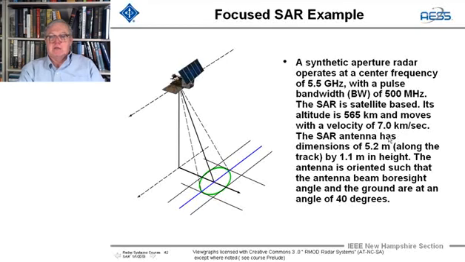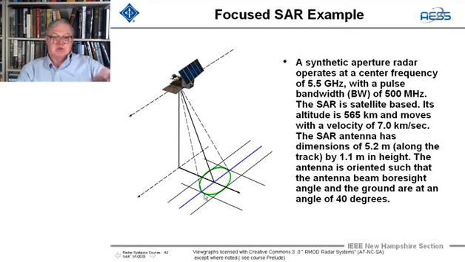The SAR antenna has dimensions of 5.2 meters along the track by 1.1 meter in height. The antenna is oriented such that the antenna beam boresight, that's the center of the beam, and the ground are at an angle of 40 degrees. So that angle right in there is 40 degrees.